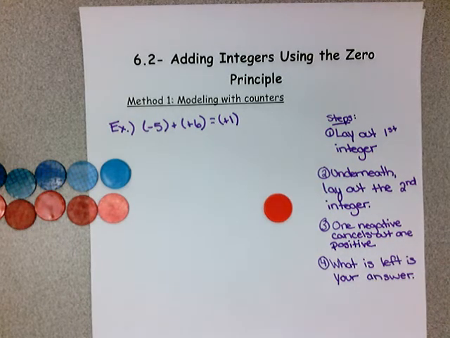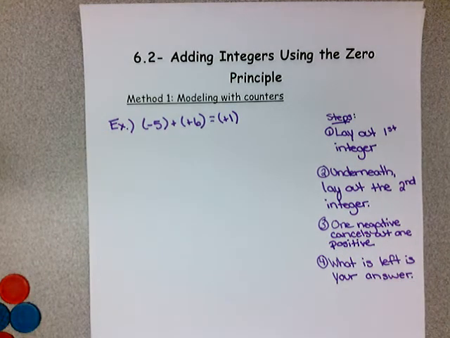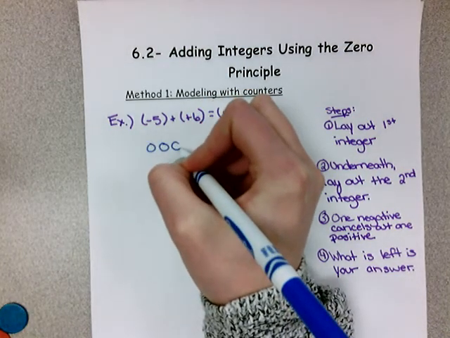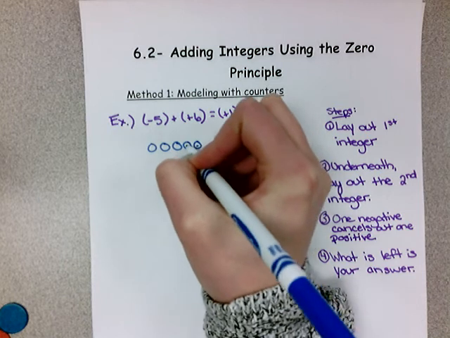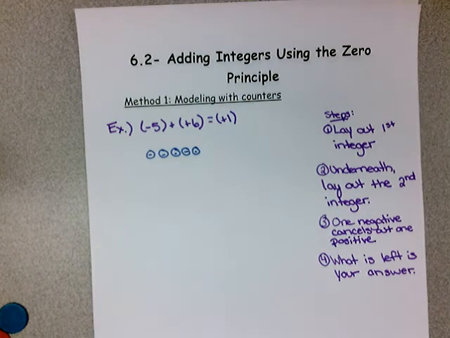Step 4 is what is left is your answer. Now that you know how to model it with counters, I'm going to show you how to draw this out for all of your work and on your test so that I can see that you know what's happening. I'm going to use colors, but you don't have to. We're going to have 5 negatives, so just draw out 5 circles with the negative sign in there. That's how you indicate that those are your negatives.